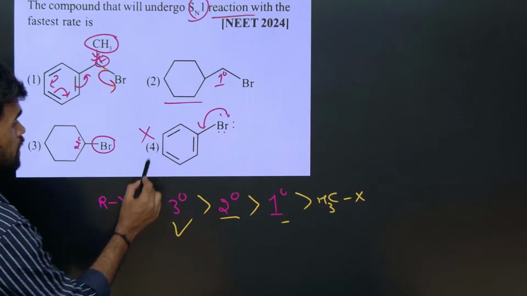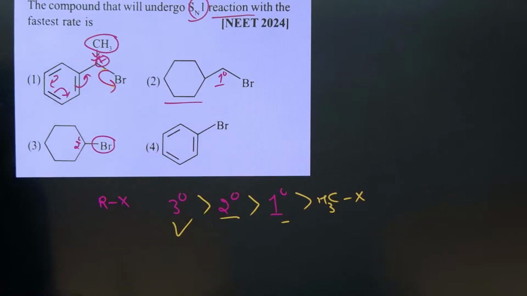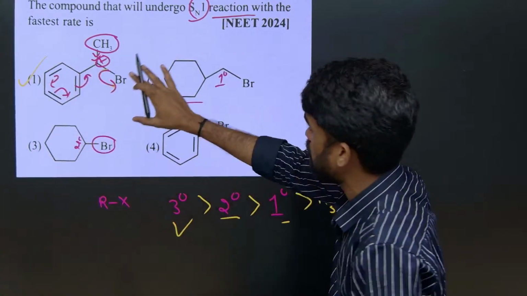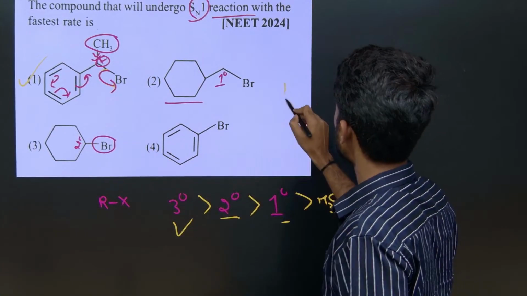So simply by this explanation you can say the first option is the fastest one participating in the reaction. Yes, this is clear, but my question is not up to here, I want to write them in order form. So one is more reactive.